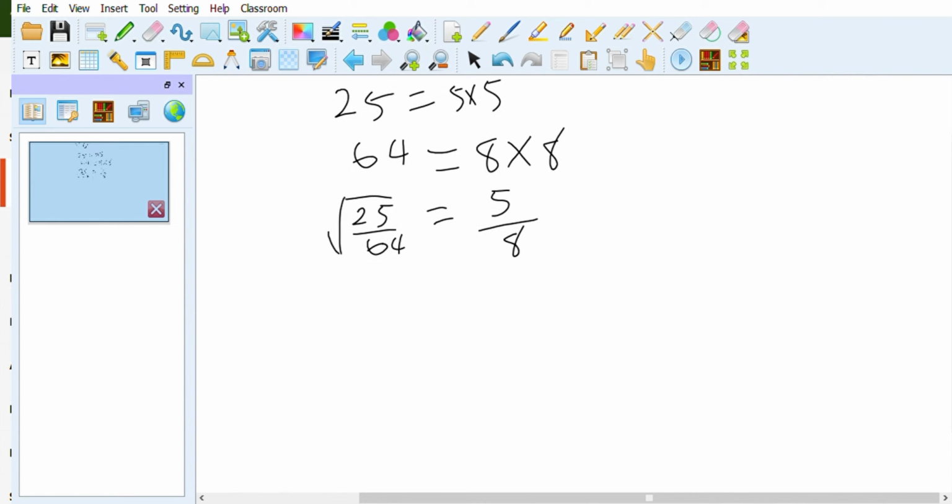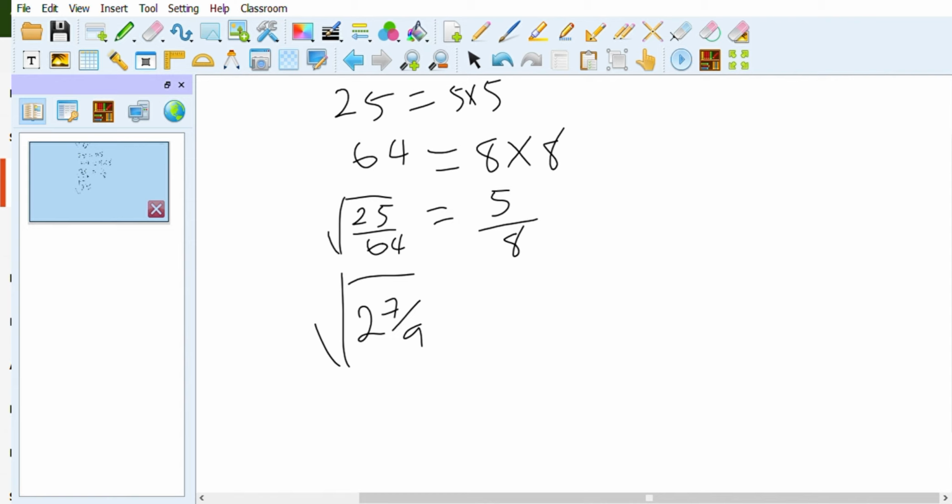Alright, certain times the fractions might be given as mixed fractions. Let's take the example. Find the square root of 2 whole number 7 over 9. To do this, first of all, we convert this mixed fraction to an improper fraction.